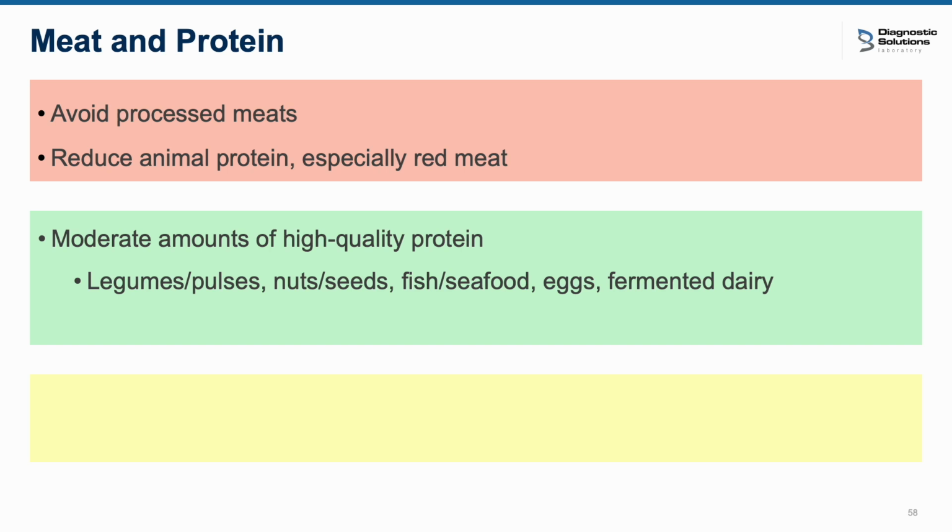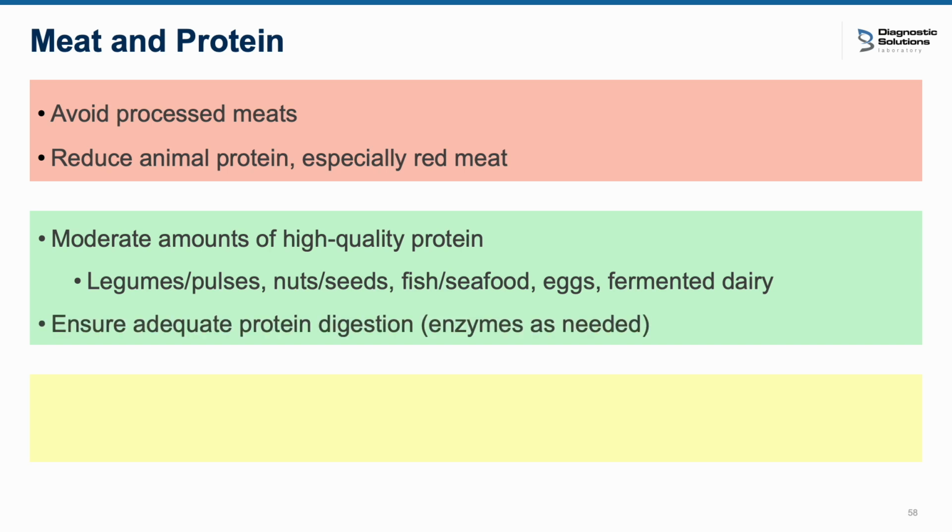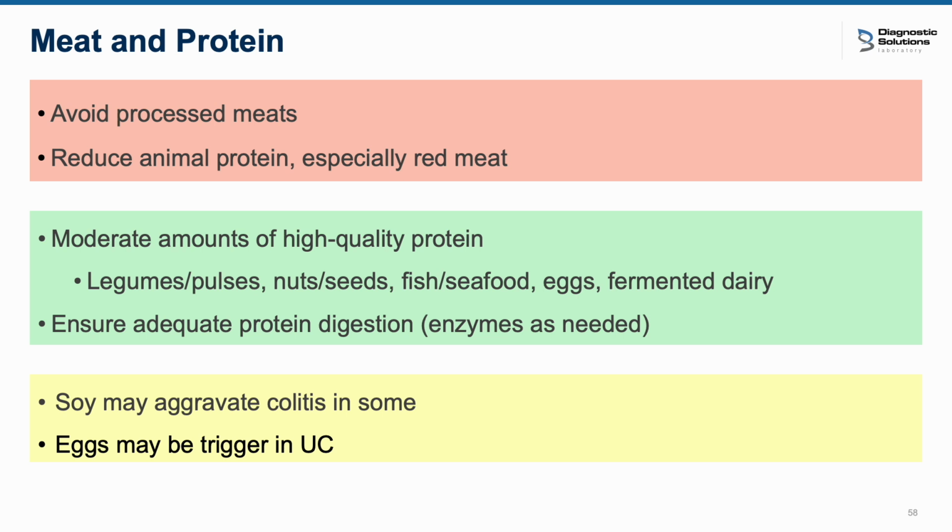And then in a clinical sense, we want to make sure that the proteins are well digested. So looking back to the GI-MAP test, we may want to look at the elastase 1, which is our pancreatic enzyme function, making sure that we're fully digesting the proteins that we put into our body. Now, soy protein may aggravate some cases of colitis, and eggs might be a trigger in ulcerative colitis.